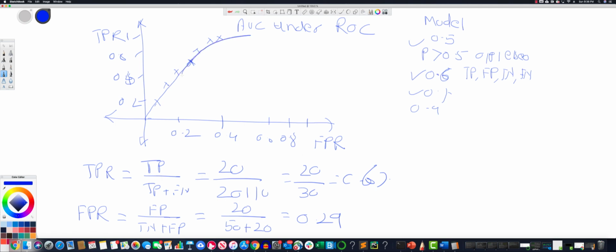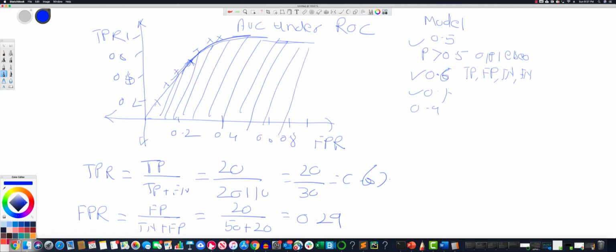Okay, and you calculate the area under this curve, this is the area that we compute for a given set of examples for varying values of threshold.